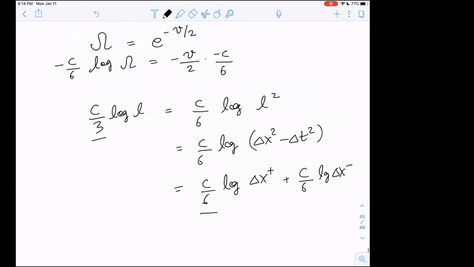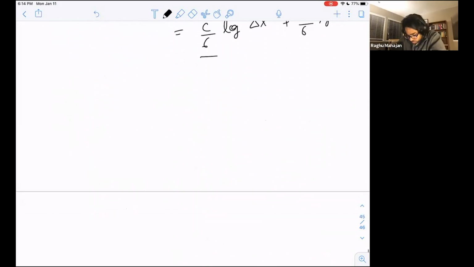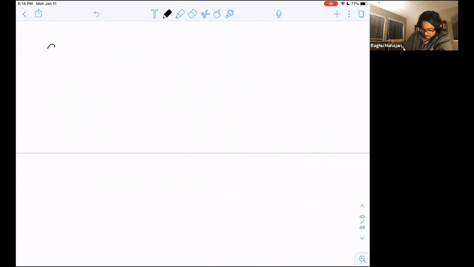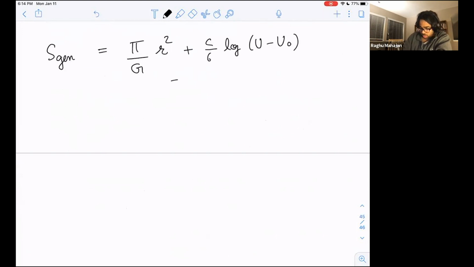Okay. All right. So we have S gen. What we wrote here was pi over g times r squared plus C/6 log of u minus u naught plus C/6 log v plus cv over 12.